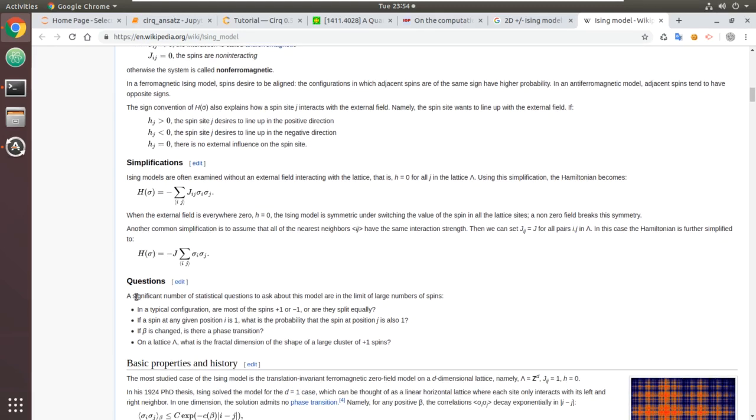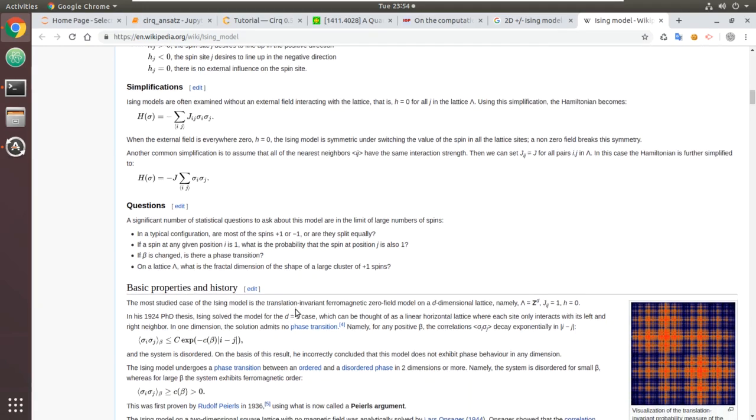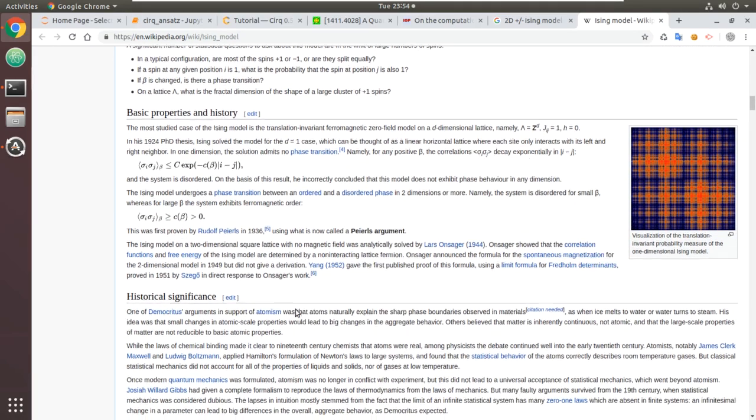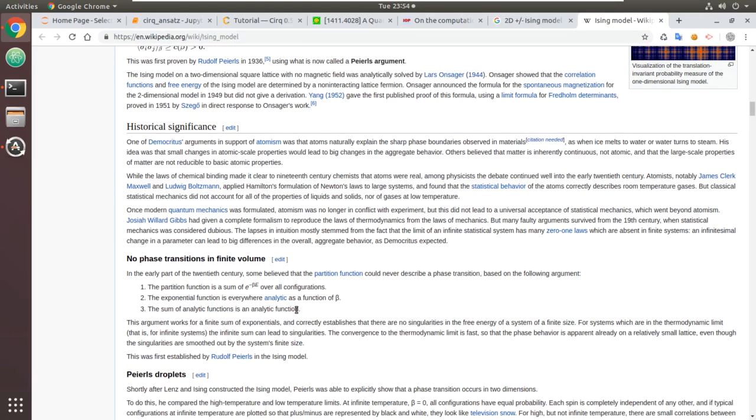A significant number of statistical questions to ask about this model are in the limit of large numbers of spins. In a typical configuration, are most of the spins +1 or -1, or are they split equally? Basic properties and historical significance.